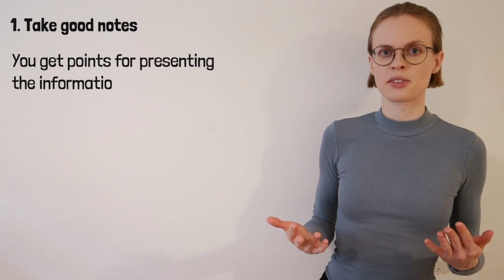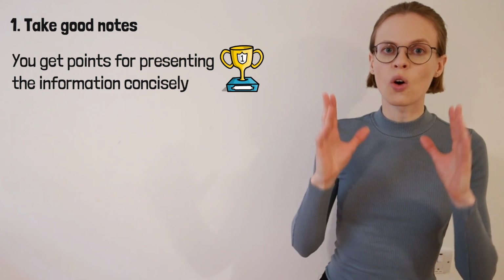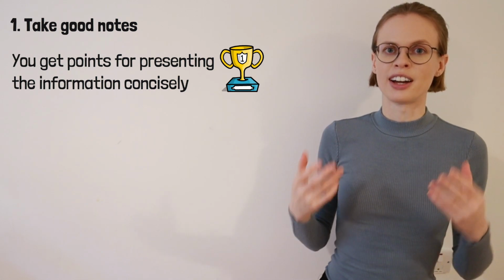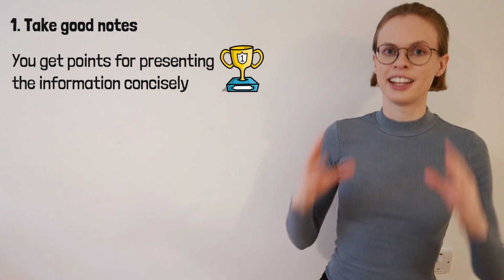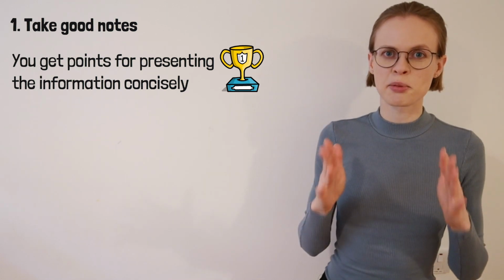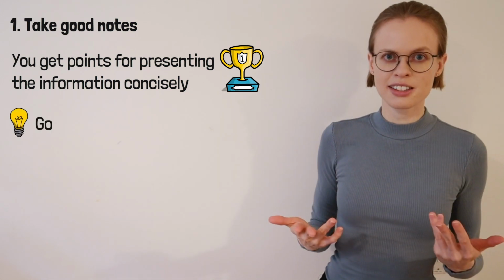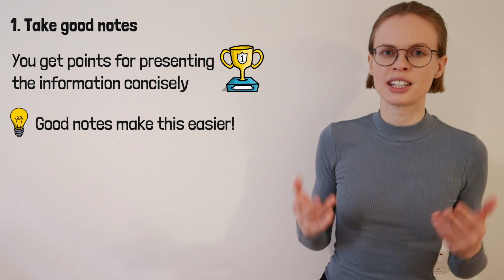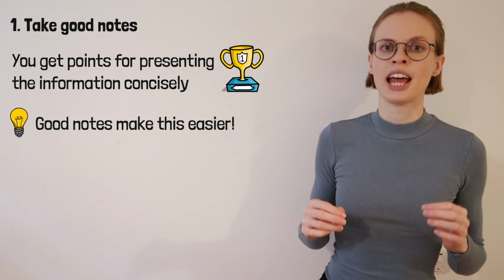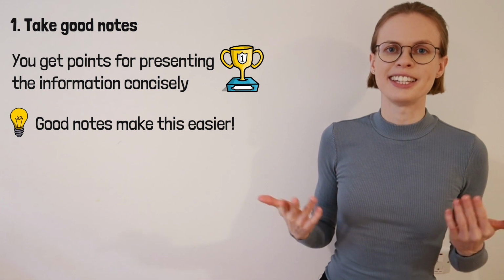And this means that in your answer, you should not include all the information that you can find in the reading and in the listening. Rather, you must talk about the key points of both passages. And it will be a lot easier for you to figure out the important information and to talk about the key points if you take good notes.